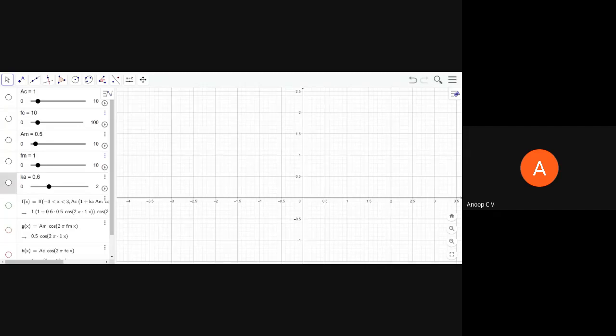We have seen Ka is the amplitude sensitivity, and we have seen the modulus of Ka m(t), and the maximum value of |Ka m(t)| multiplied by 100 is nothing but the percentage modulation or depth of modulation.